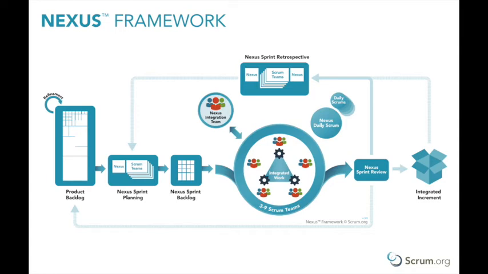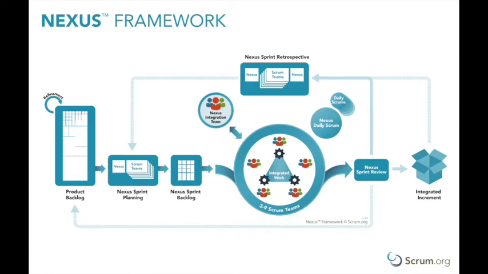During the Nexus Daily Scrum, attendees should focus on each team's impact on the integrated increment and discuss, first, was the previous day's work successfully integrated? If not, why not? Second, what new dependencies or impacts have been identified? Third, what information needs to be shared across teams in the Nexus?